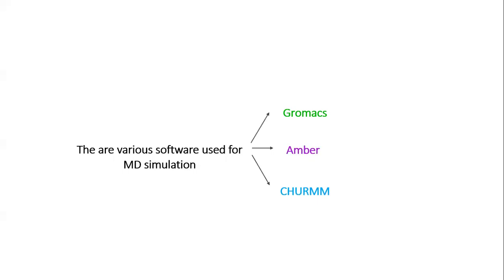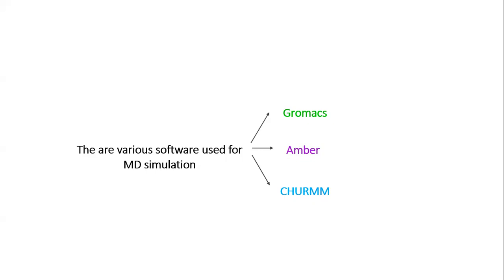Amber is a commercial MD software. It is so powerful and so compatible with Schrodinger. And also we have CHARMM. We use CHARMM for simulating membrane proteins.